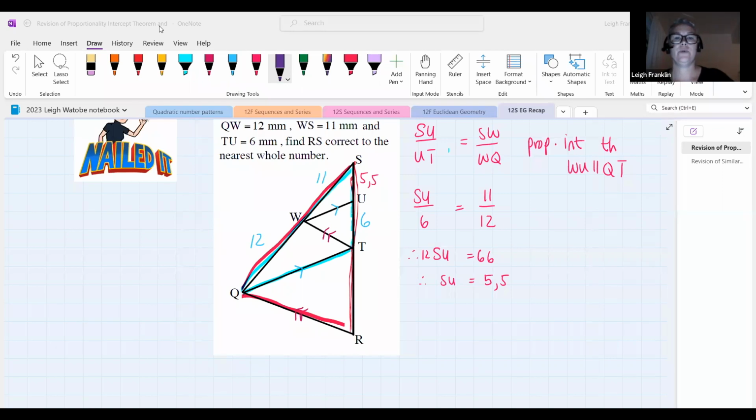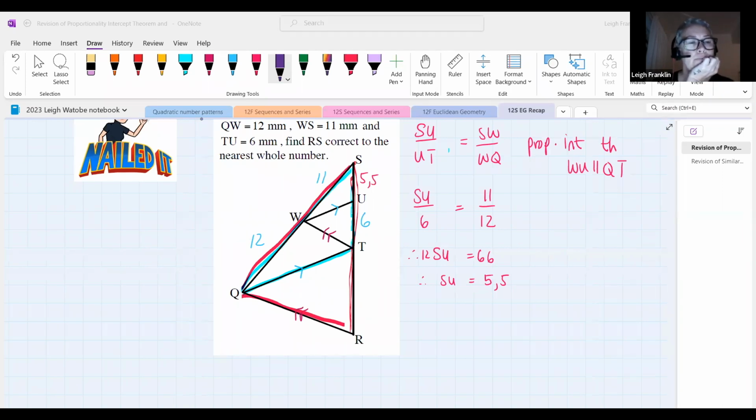Anybody know what to do with TR? Nolutando, okay, go for it. Hi, ma'am. So now we're going to be using the big triangle, the one in red. Good.